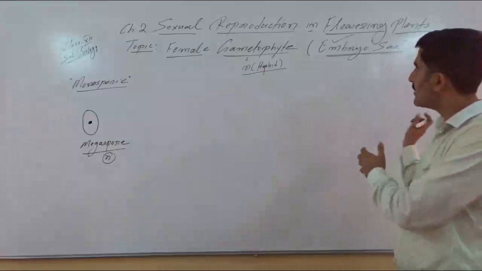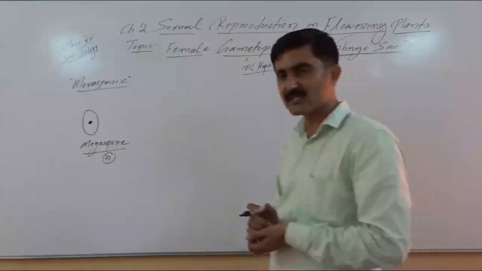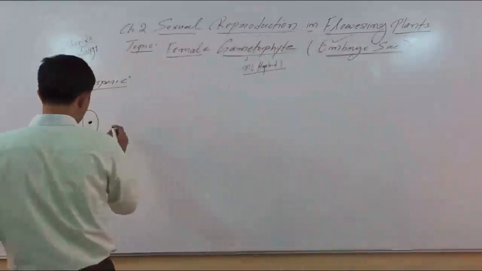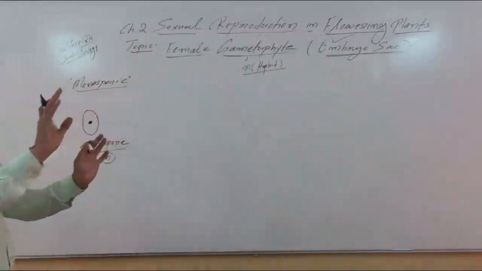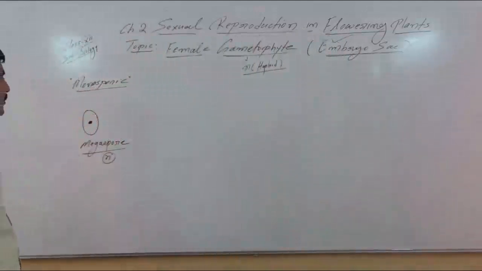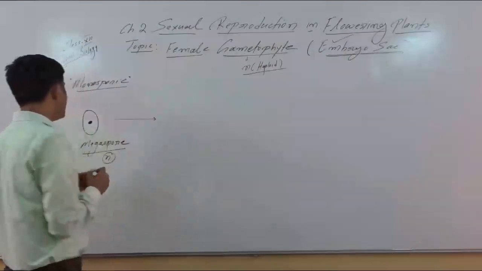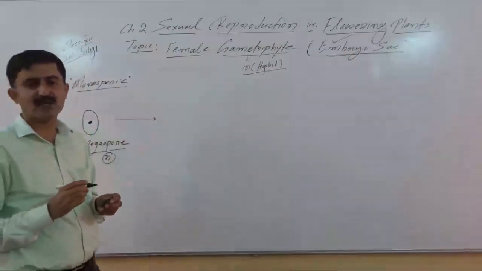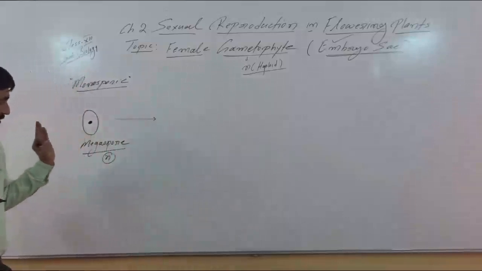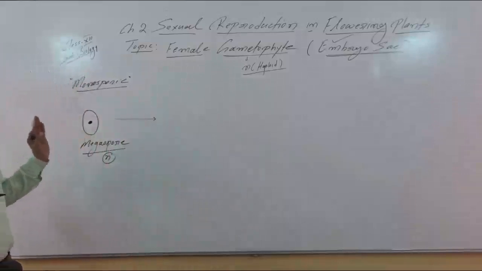So how does this embryo sac develop from megaspore? Let's see. The type of division here will be only mitotic division. Okay. So first of all, there will be division in this megaspore cell. Okay, this megaspore will divide.